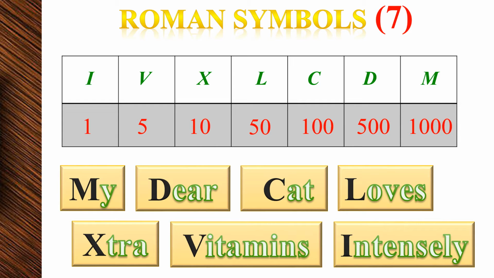Each word contains a Roman symbol in descending order, which means the first letter of each word refers to the Roman symbols in descending order: M, D, C, L, X, V, I. So once again let us read this sentence. My dear cat loves extra vitamins intensely.